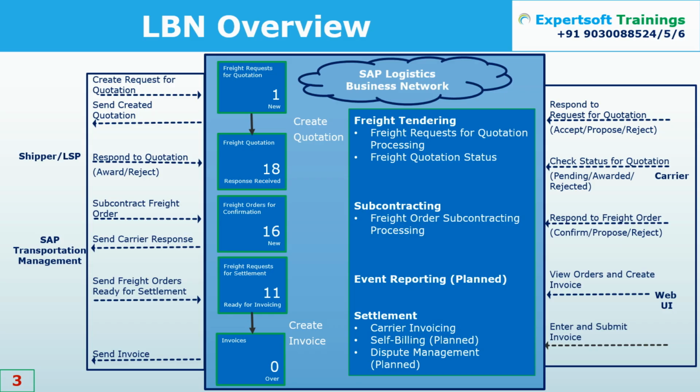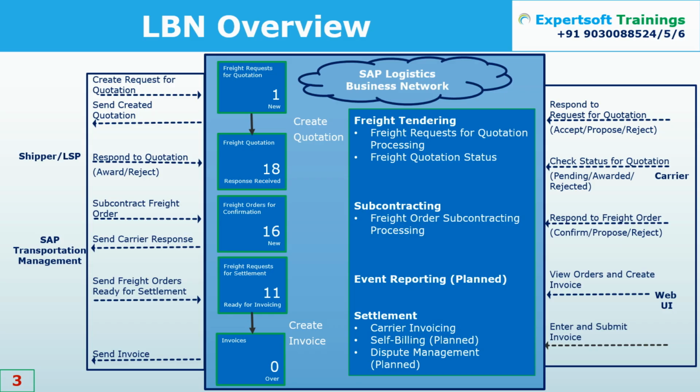Right? So now, suppose you have a freight order, you have to send the freight order to the carrier. When you're sending the freight order to the carrier, he must see what is there in the freight order, whether he has the truck availability on that day. He is going to check whether he really has the operations in that particular purchasing organization region or not. He checks, if there's a requirement in the freight order that you are transporting both DG and non-DG goods, whether he has the required truck capacity to handle those.